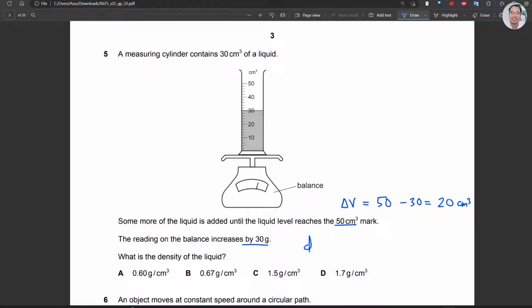So the density is the mass, 30 g, divided by that increase in volume, 20. Yes. So that is 1.5 g per cm³. You got it? Yes.